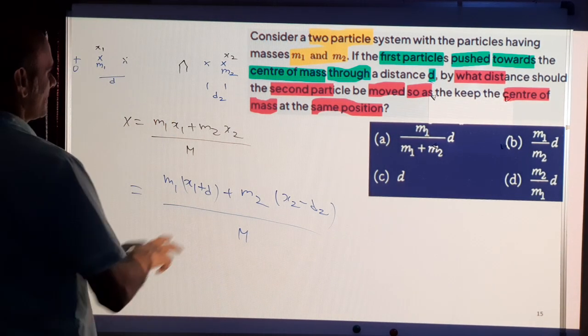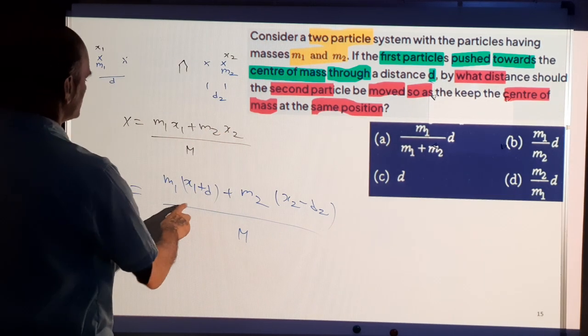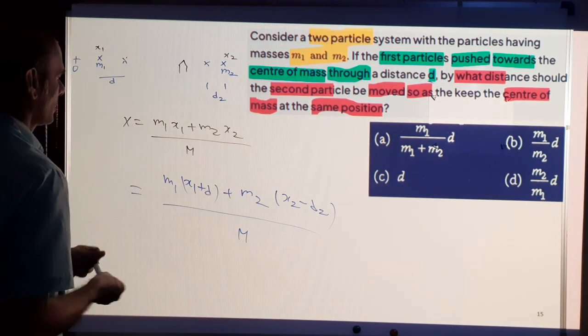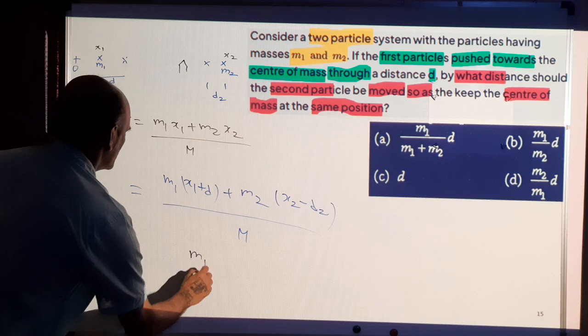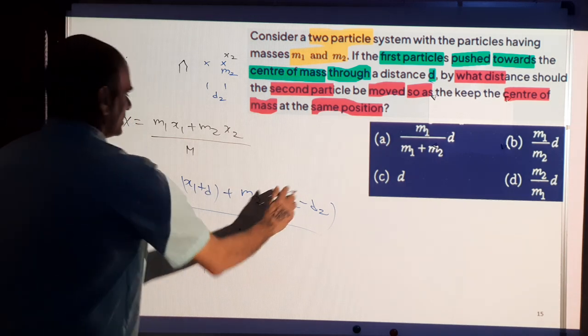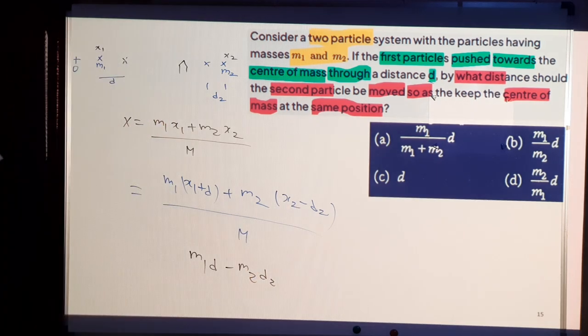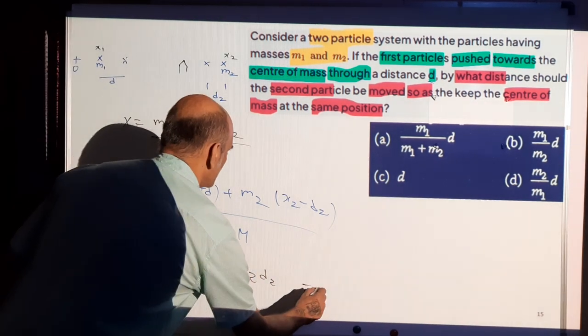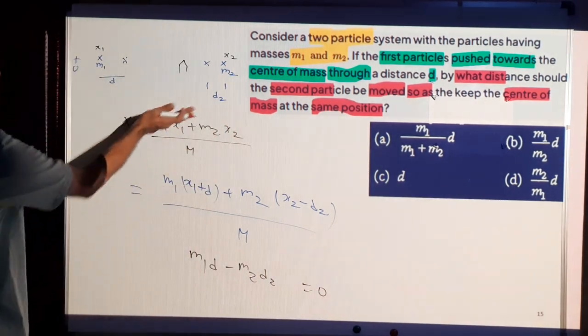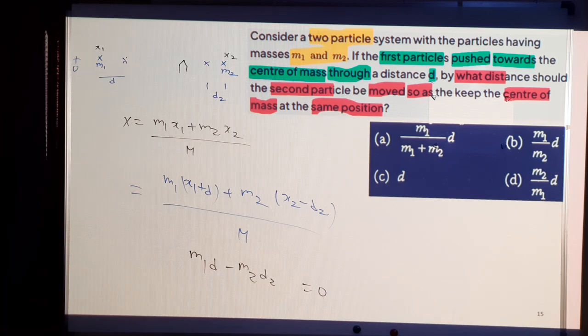For that to be the same, these two should be the same. That means the extra terms, the new term m1 d from here and minus m2 d2 from here, should combine to give 0. Only then will these be equal, and the x will be the same.